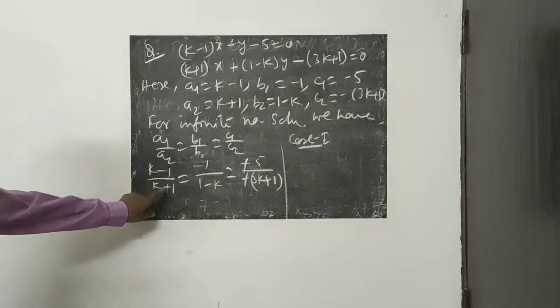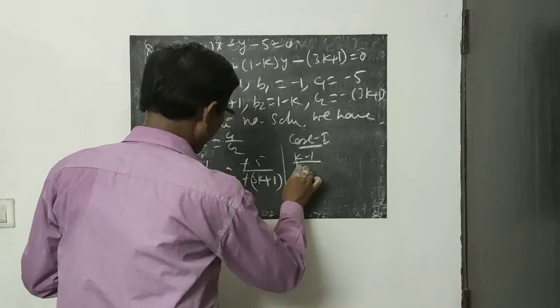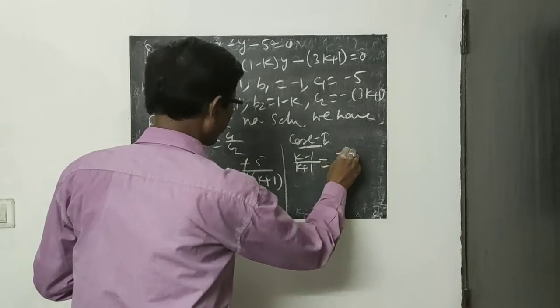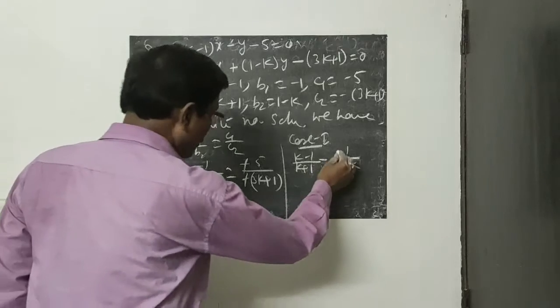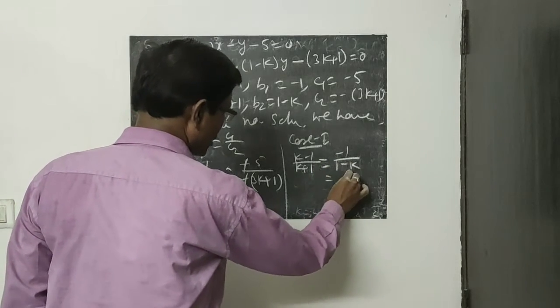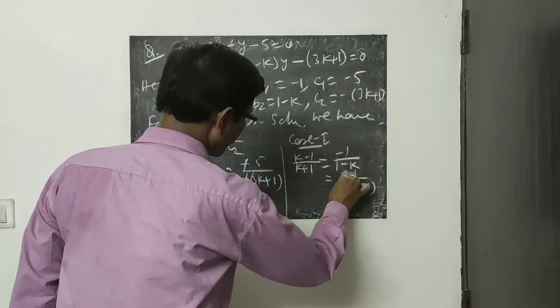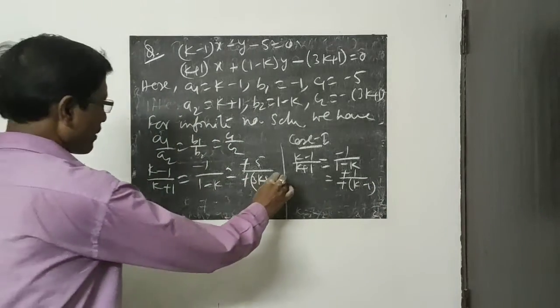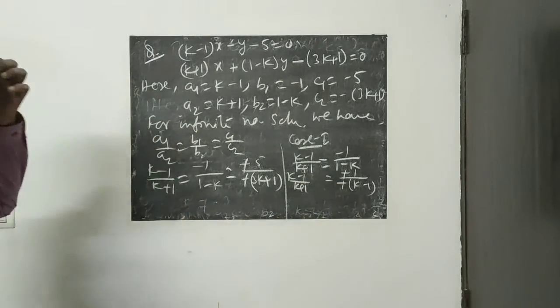Suppose we have taken this equal to that: k minus 1 by k plus 1 equal to minus 1 by 1 minus k. If you take minus common here, minus and minus cancel, it is coming k minus 1 by k plus 1 equal to 1 by k minus 1.